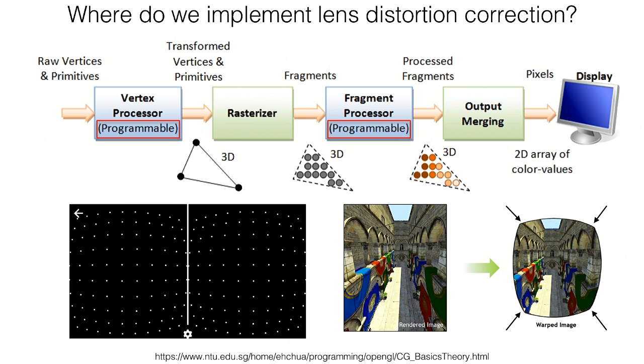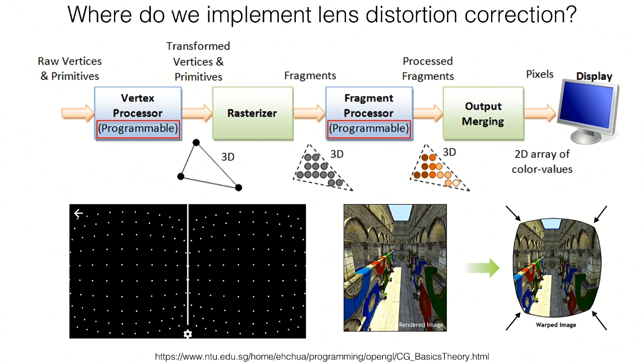If you have a very, very sparse mesh, you start getting certain artifacts, but even with a 20 by 40 mesh, the artifacts become imperceptible, and you can speed up the rendering and reduce the number of computations significantly this way. I'm not going to go into the details of how specifically to implement them, but these are two well-known methods for implementing lens distortion.